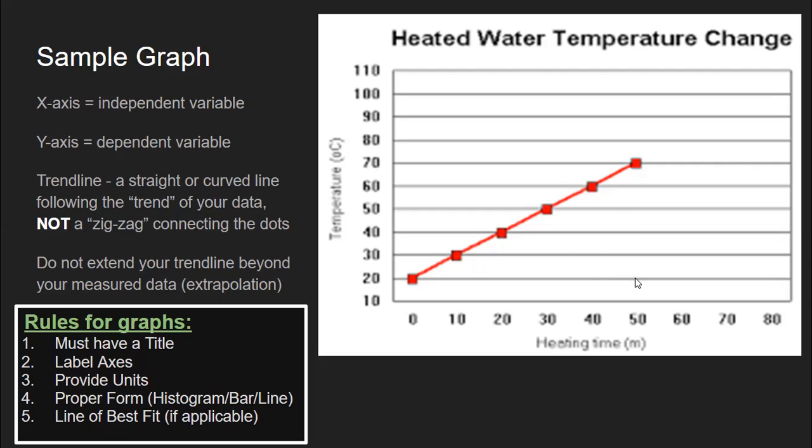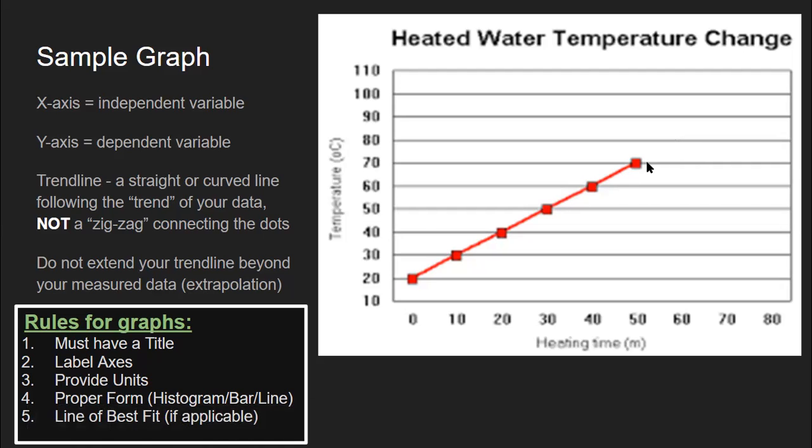If they wanted to try to make some kind of prediction of what temperature this object that I heated would be if I had left it on there for 70 minutes, they would have to extend the line past the data they collected to make that prediction. They can't do that. That's extrapolation. That's what we're avoiding and we don't want to do. And you avoid that because trends don't always hold up past whatever point you collected in your data.